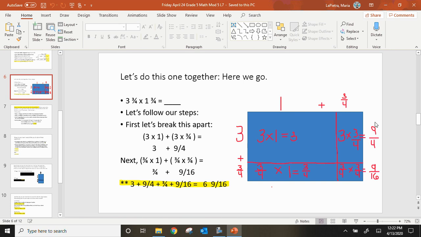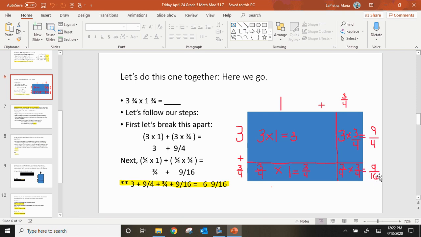Okay? Now you come to the bottom, and you've got 3/4 times 1, which is 3/4, and then you've got 3/4 times 3/4, and now you have 9/16. Now you have to take all of those answers that you got, and you need to add them all up. When we add them all up, keep in mind when you're adding fractions, you must have the same common denominator.